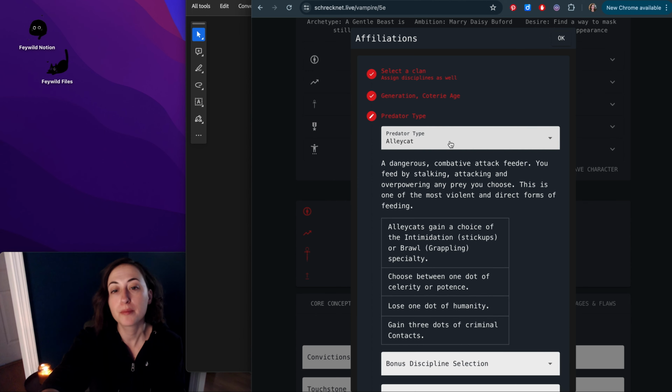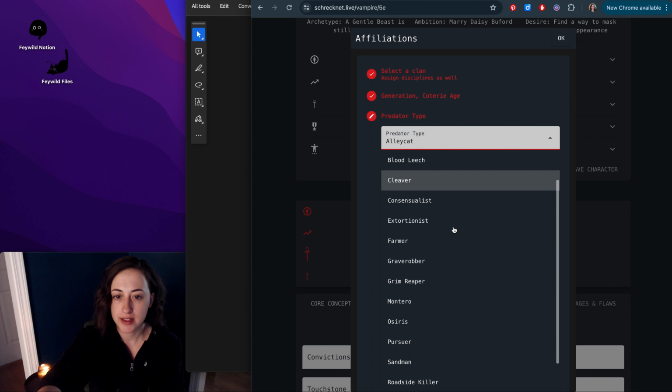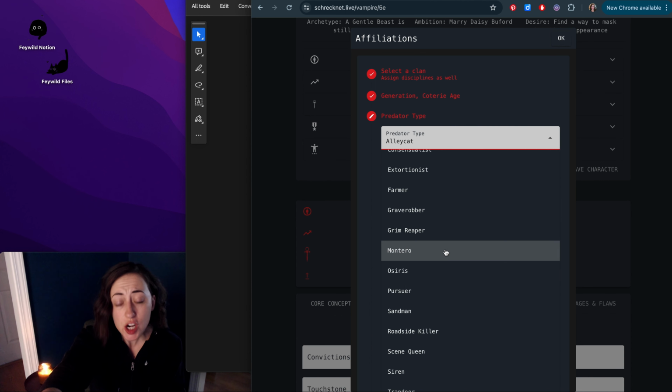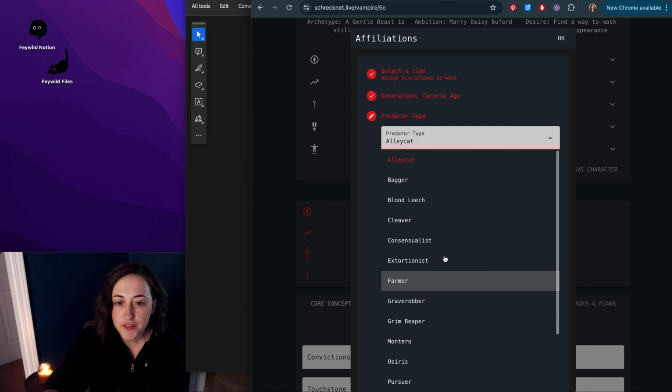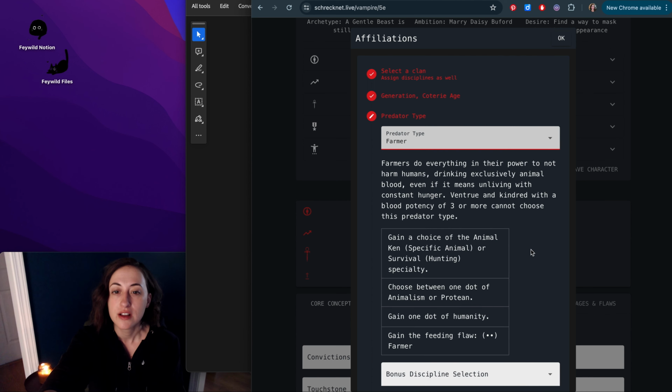And so here's your predator types, and there's a bunch of different ones. I am going personally with farmer. I think I said feeder earlier. So farmers do everything they can to not harm humans. And I actually don't think Theo is particularly into harming animals either because he cares about animals a lot. I think he just went with something that wasn't humans and he had easy access to.